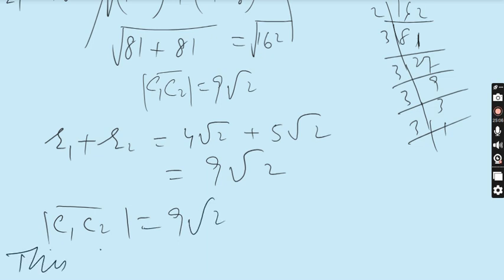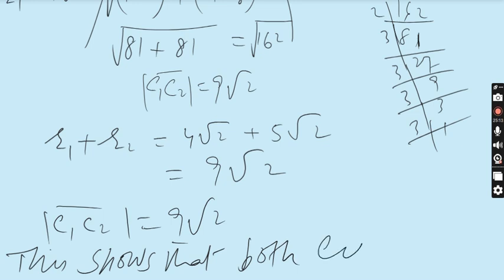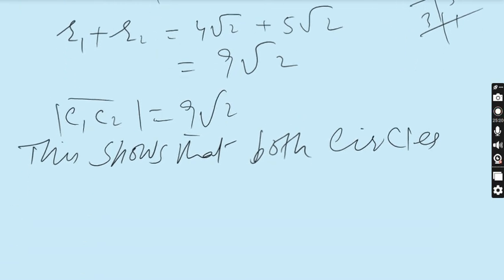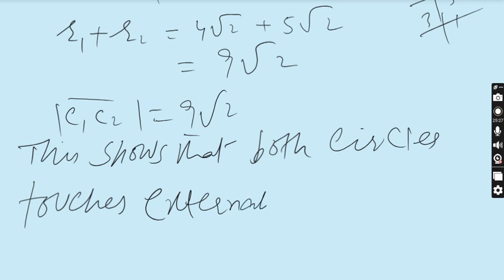This shows that both circles touch externally. So if the sum of the radii of both the circles and the distance between the centers are equal, circles touch externally.